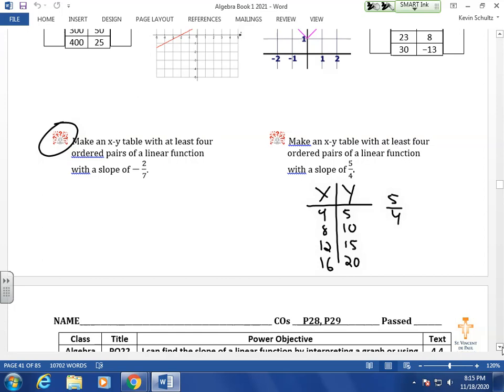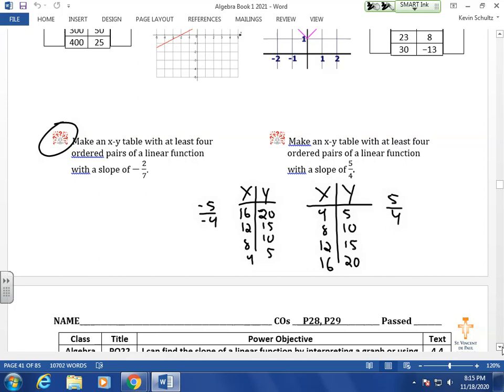You could also, and this is a little bit sneaky, have y decreasing by 5 and x decreasing by 4, right? If we wrote this the other way, if we started at 20 and went down by 5s and started at 16 and went down by 4s, now we have a y change of negative 5 and an x change of negative 4.